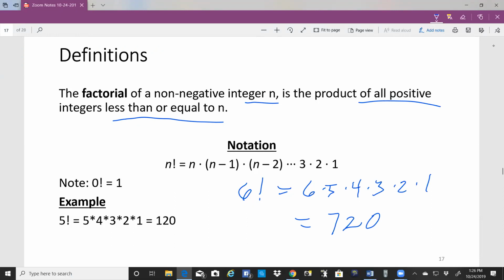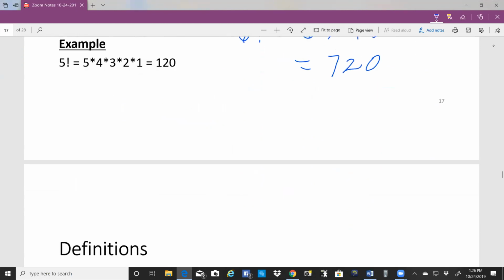You probably will not have to do a lot of factorials because what you're really going to be using is to get combinations.